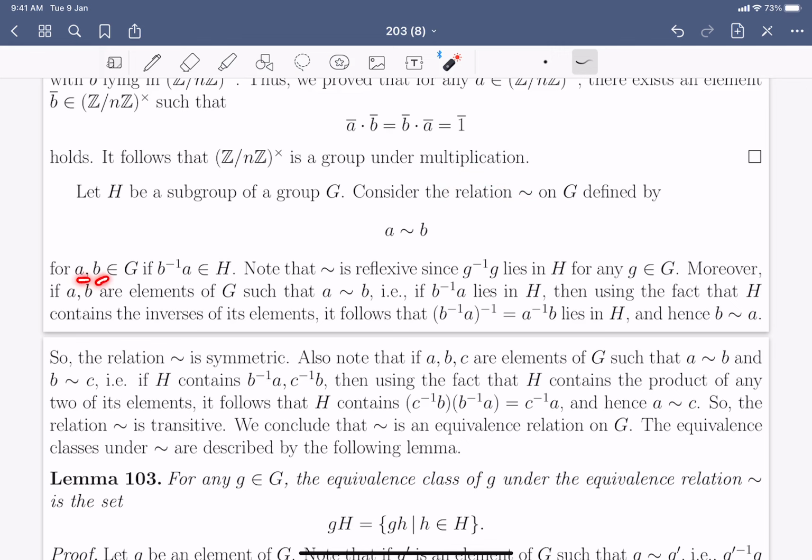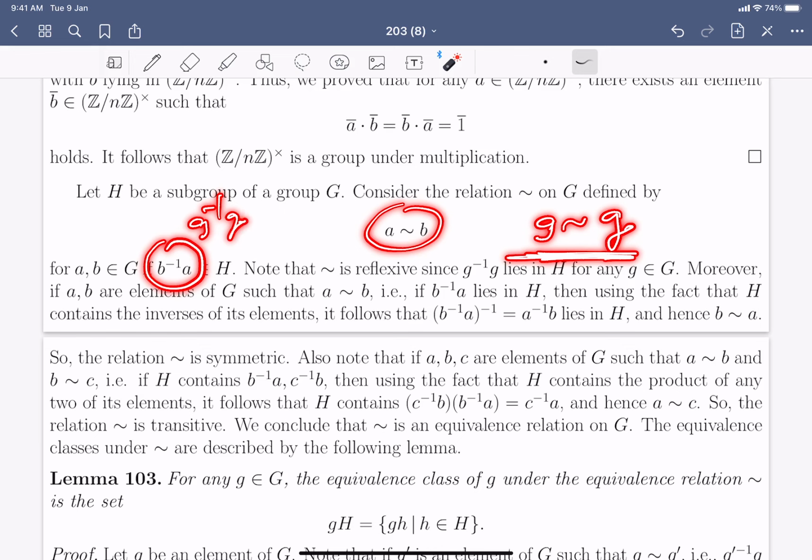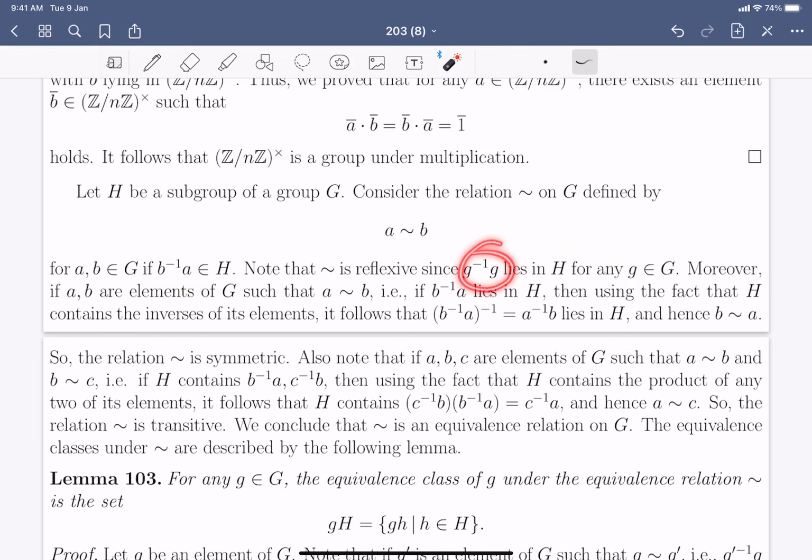For two elements a and b inside G, we say that a is related to b if b inverse a lies inside H. Now the very first observation is that this is reflexive because to show that a is related to a, we need to show that a inverse a lies inside H, which is the identity element, and that has to lie inside H because H is a subgroup.